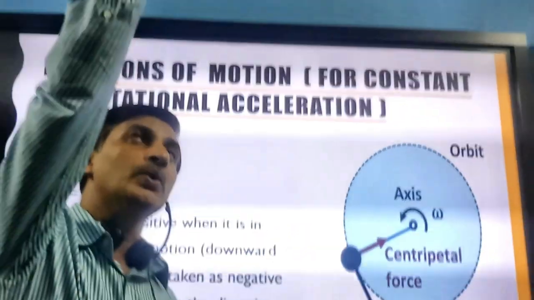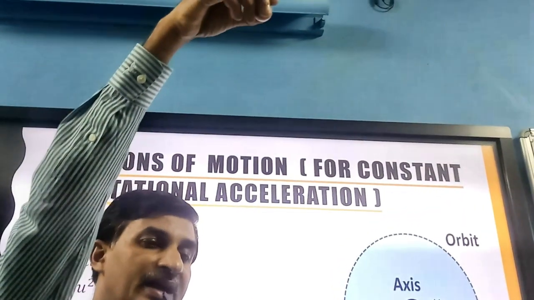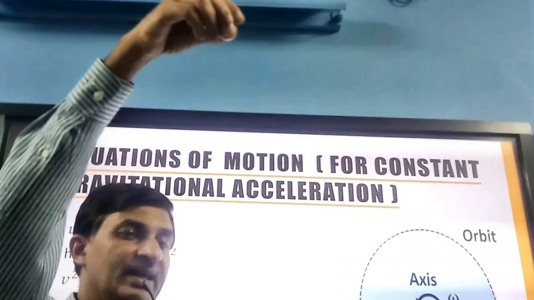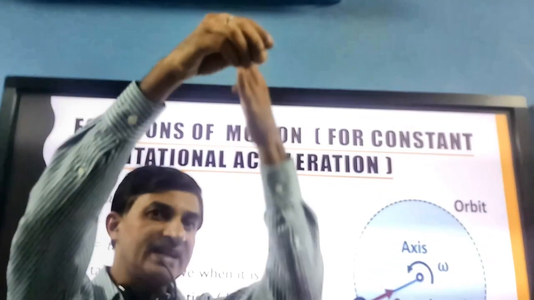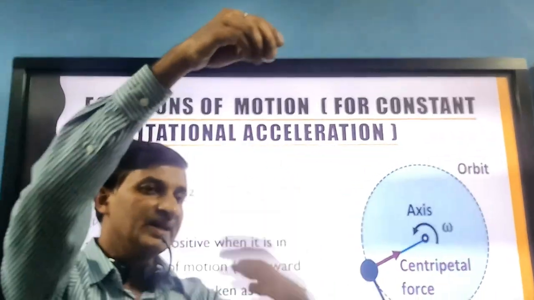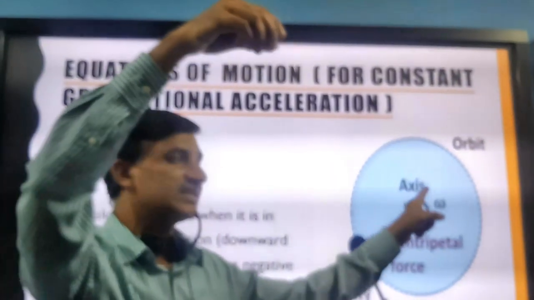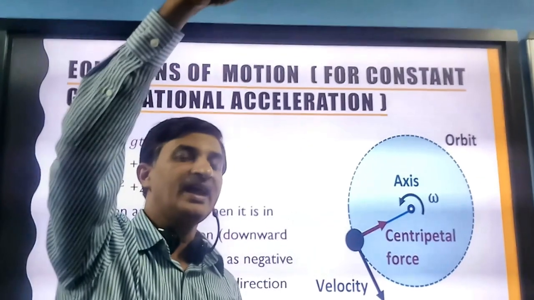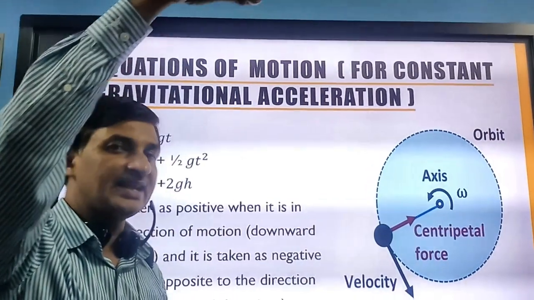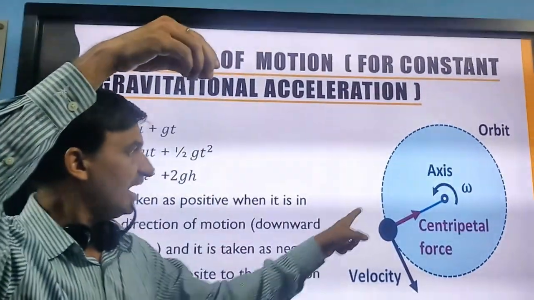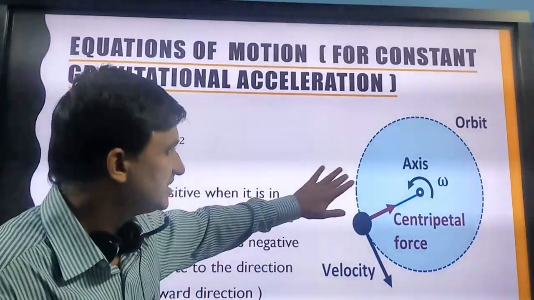If you release a body, it strikes the surface, and the angle between the earth surface and this is always 90 degrees. So that's why the direction of this acceleration is towards the center, and the acceleration is called centripetal acceleration, and the force is centripetal force.